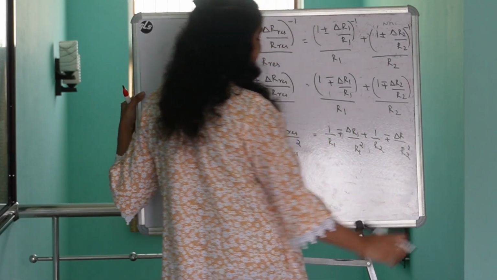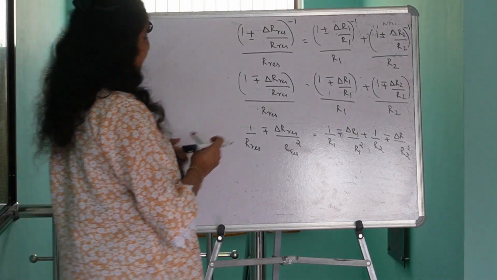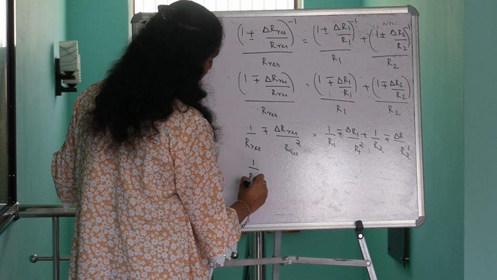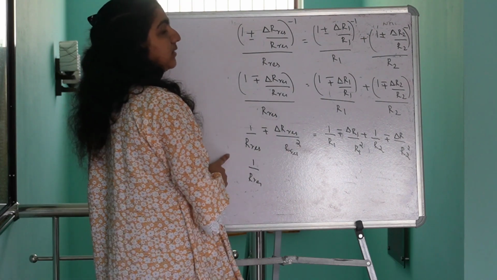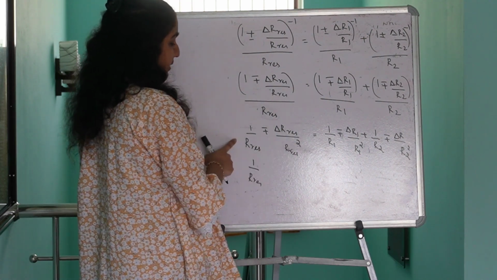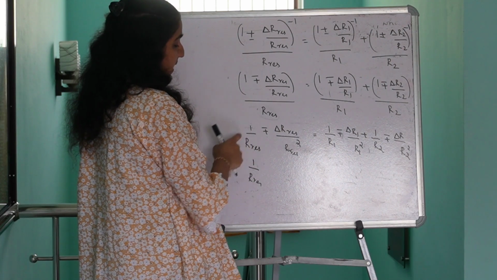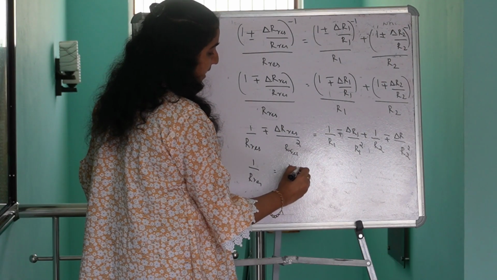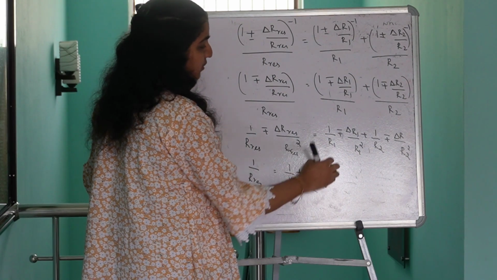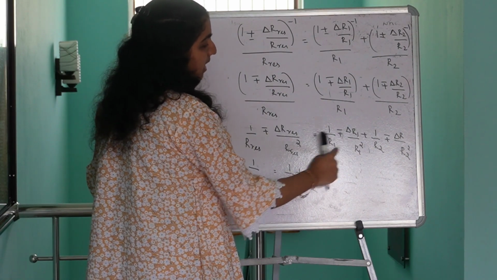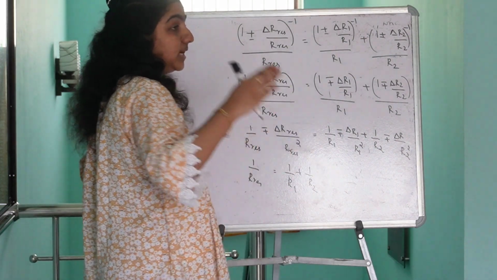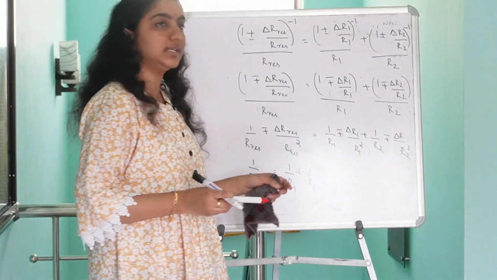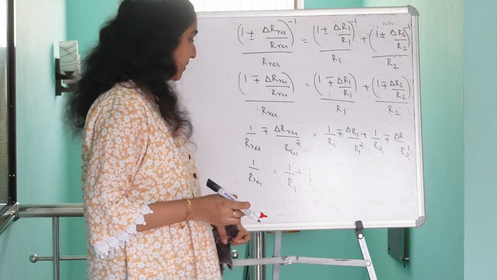Now we know on the left side of the equal sign, we have 1 divided by R resultant, and on the right side we have 1 by R1 plus 1 by R2. So we know 1 by R resultant is equal to 1 by R1 plus 1 by R2.